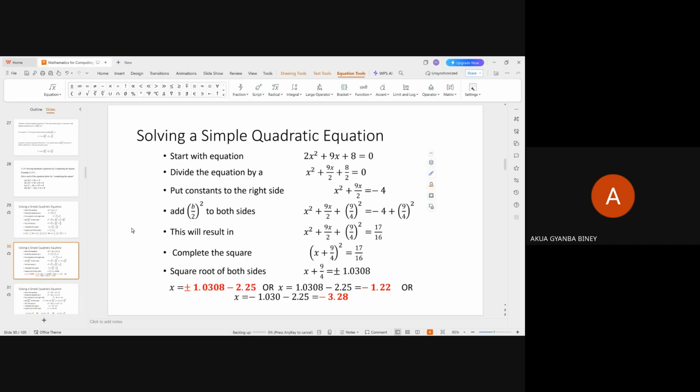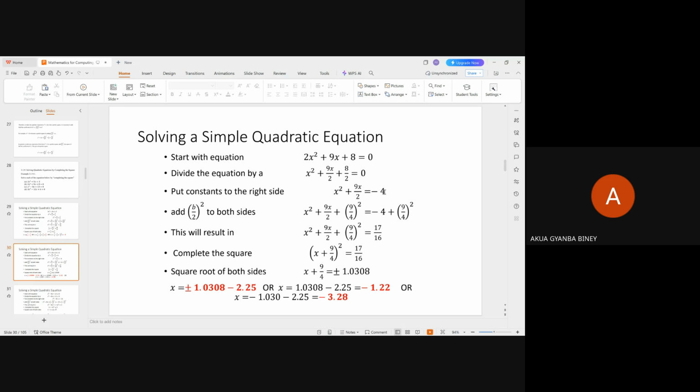So putting the constant to the right, it becomes -4 on the right hand side. Then add b/2 all squared to both sides. The coefficient of x is 9/2, so I get 9/4 all squared. I add it to both the left hand and the right hand side. And then simplify the right hand side going down.